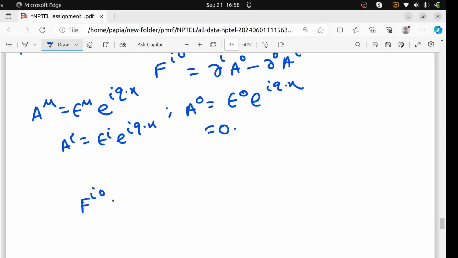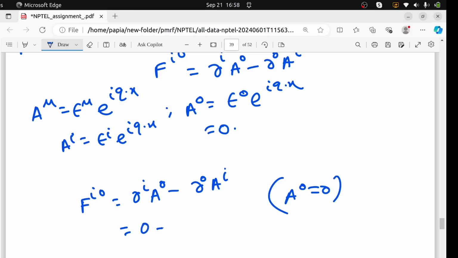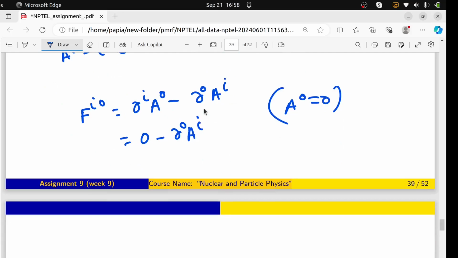So Fi0 was del i A0 minus del 0 Ai. As A0 is 0, this is 0 minus del 0 Ai. So Fi0 is nothing but minus del 0 Ai, and del 0 means del t of Ai.